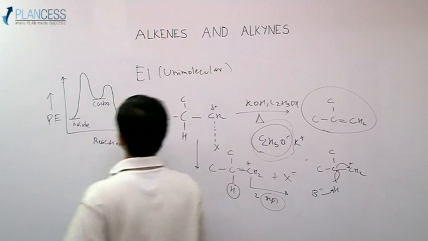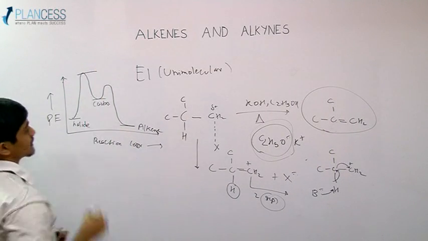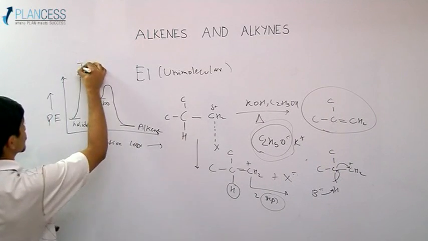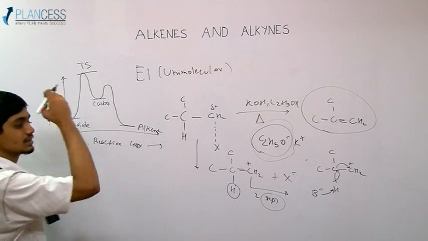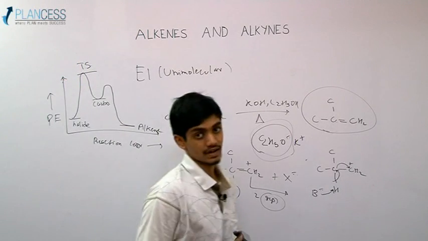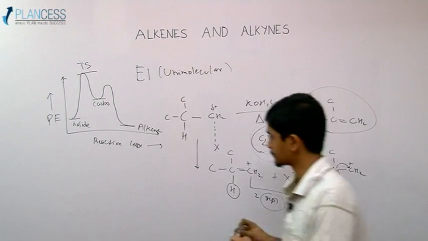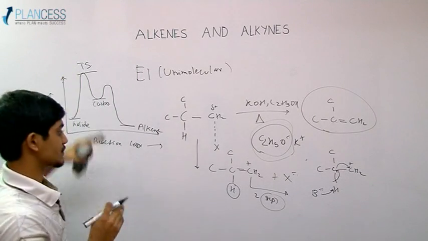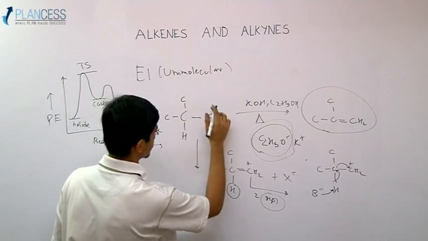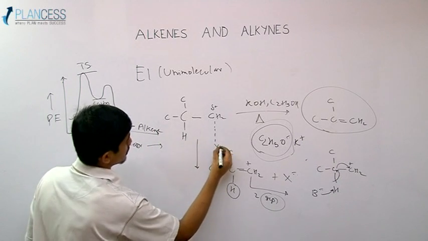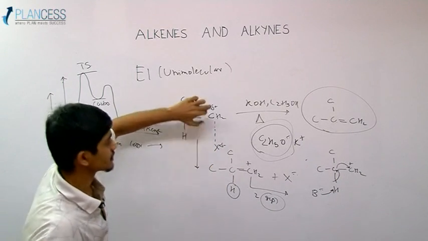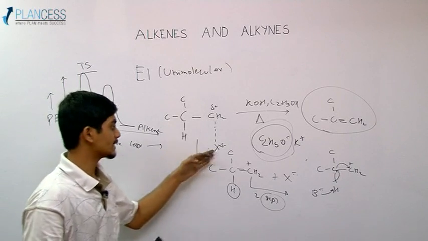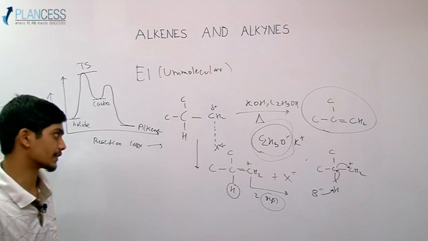Here we have a transition state, because this reactant is converting into this intermediate. The transition state looks like this: the bond is cleaving, with a partial positive charge developing and a negative charge developing over here.